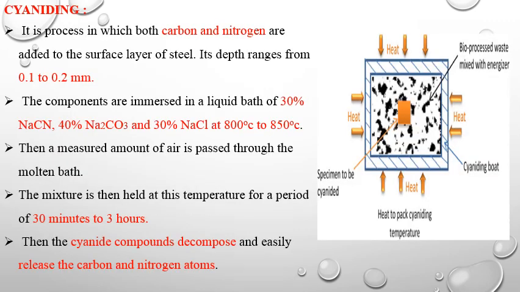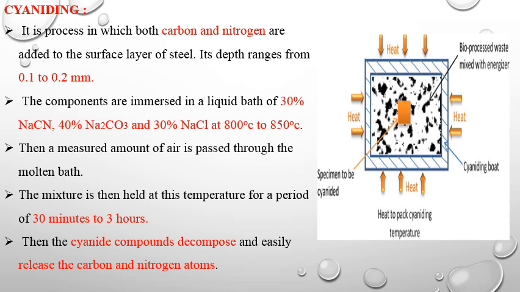Cyaniding is the process of adding both carbon and nitrogen to the surface layer. The case depth is 0.1 to 0.2 mm. In the picture, the furnace is closed with heat. While heating, the specimen is placed in the center portion, and the cyanide will be boiling.